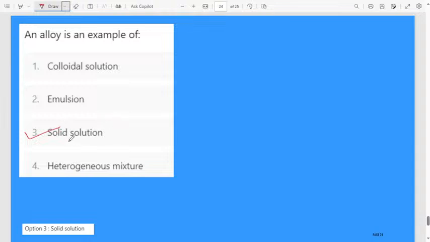You may doubt: how is an alloy a solution, ma'am? Normally when they prepare the alloy, they take two metals or a metal and a non-metal, and they heat them. Once they heat, they will melt and form an alloy. Later they will condense.